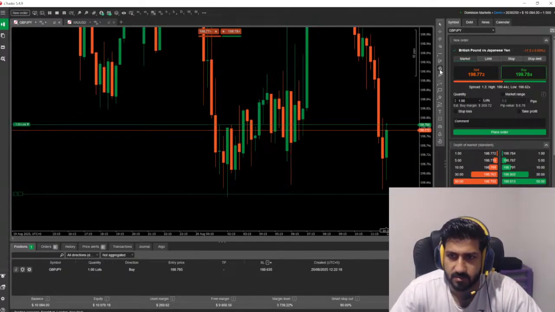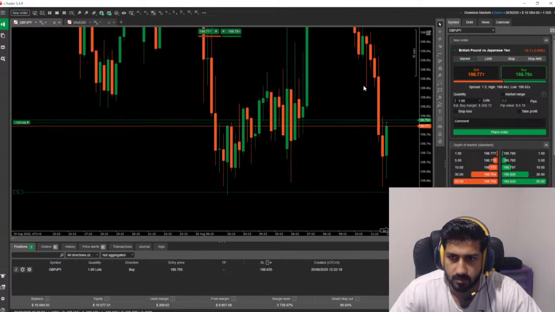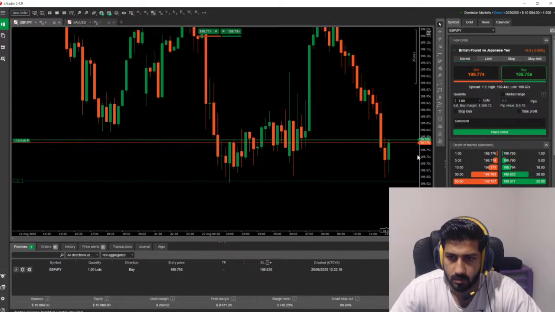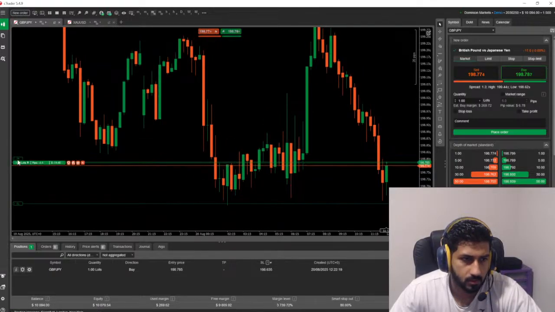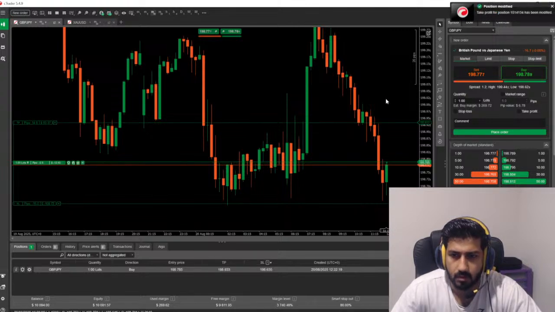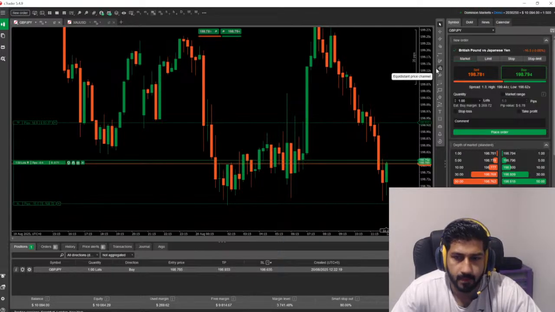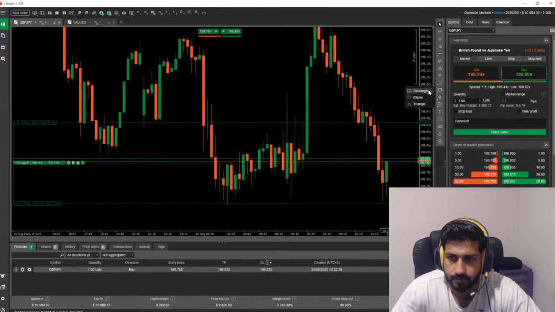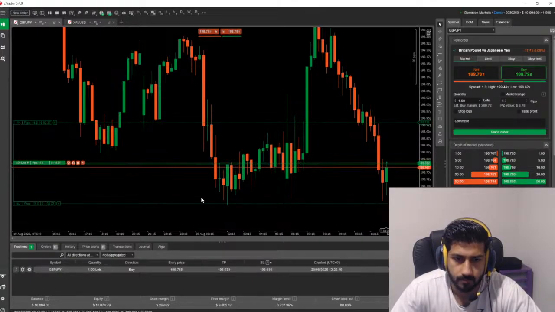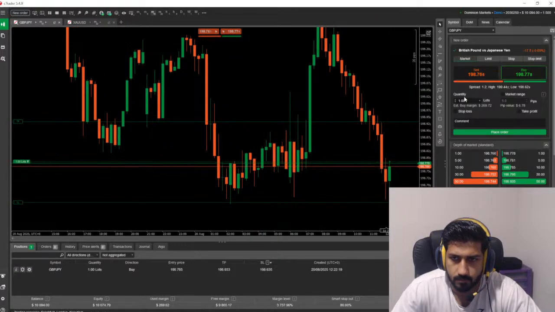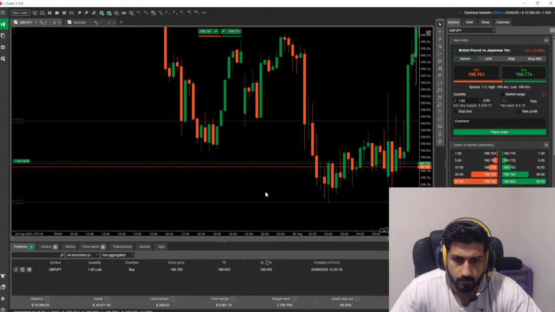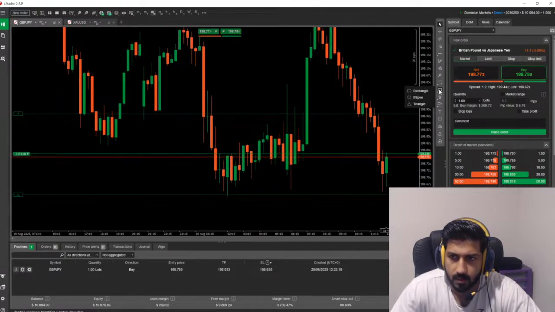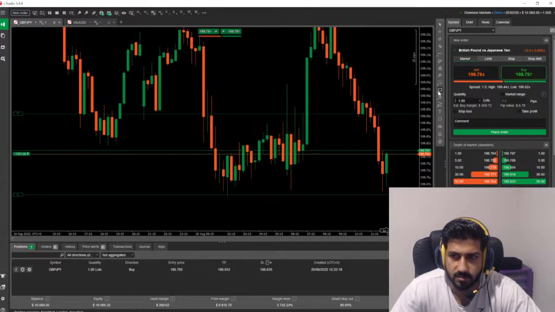Equidistant price channel. Don't even know what that is. I would like to draw a rectangle here. Why can't I draw a rectangle?